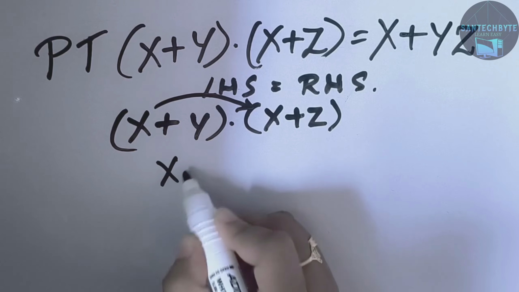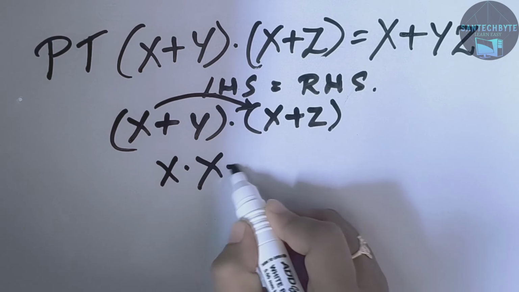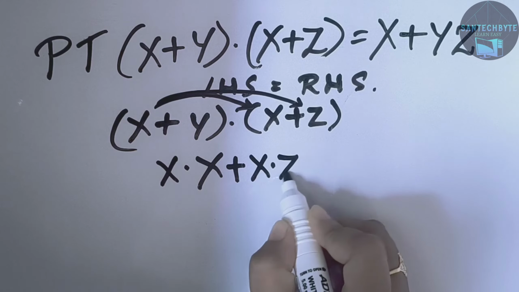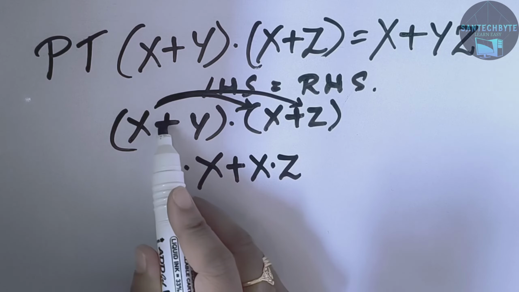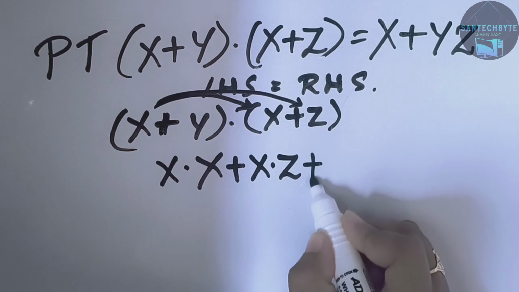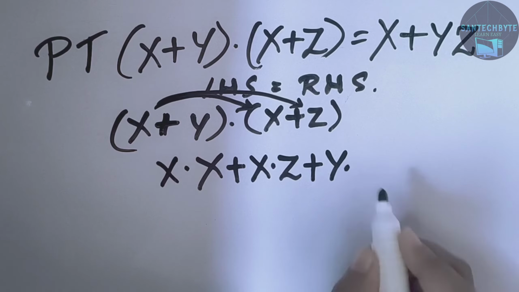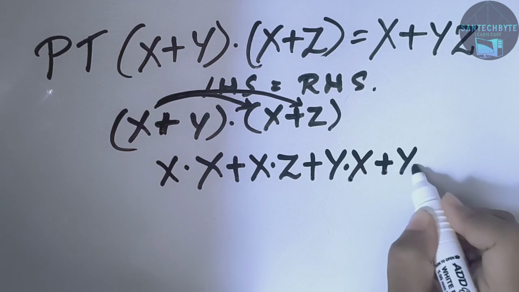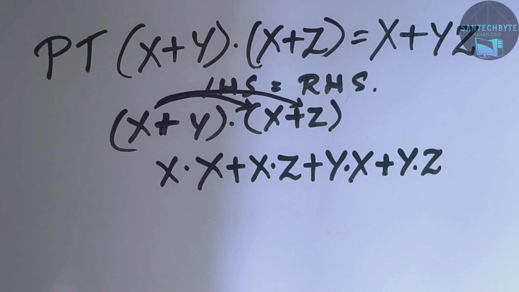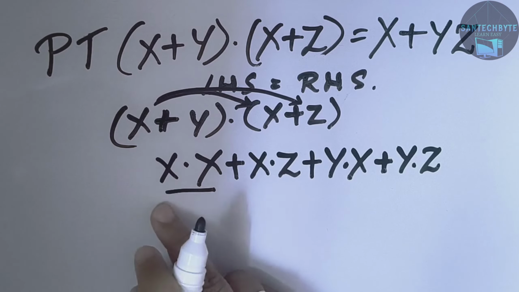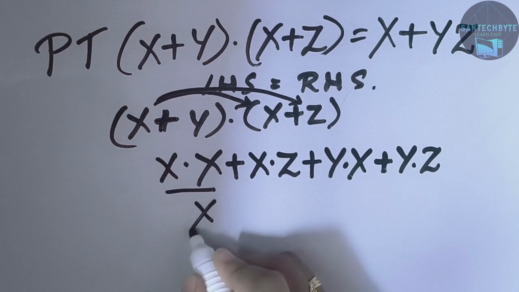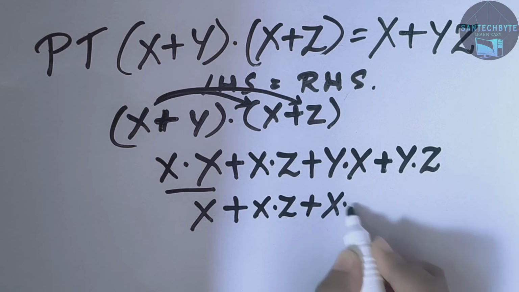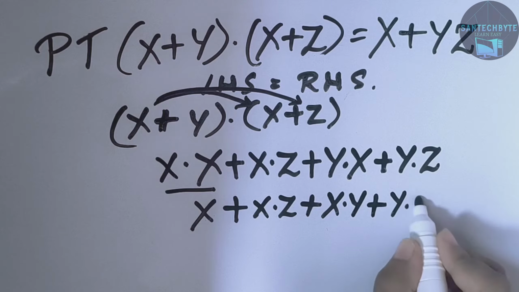So this is X and X, put the symbol OR, next X and Z. Now again here also you have OR sign, so put OR Y and the next term X, or Y and Z. So now we know that X and X is equal to X, or X and Z, or X and Y, or Y and Z.